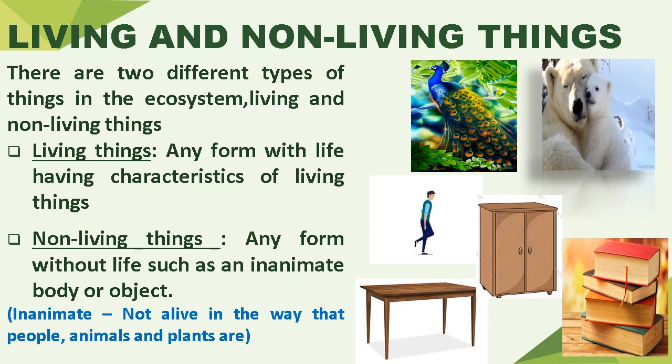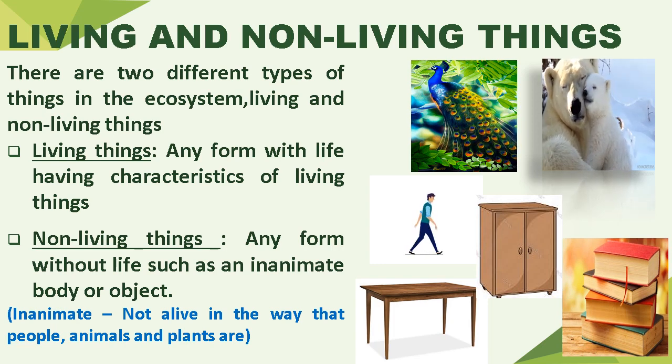Living things, as per the name, are live and active. They move, they grow, and they respond to stimuli. Some of the examples of living things around us are plants, animals, and other human beings. Non-living things do not grow, do not move, and they do not reproduce.